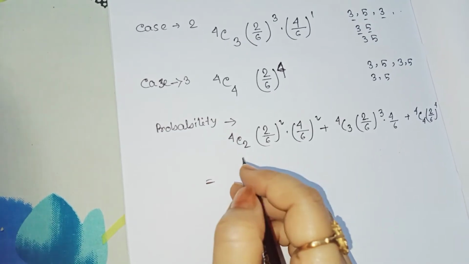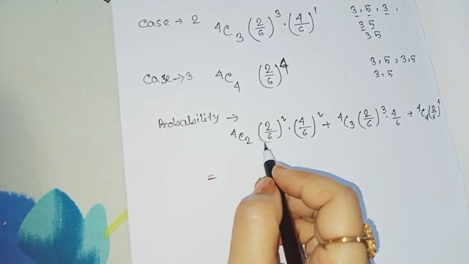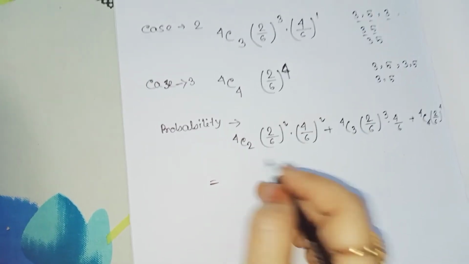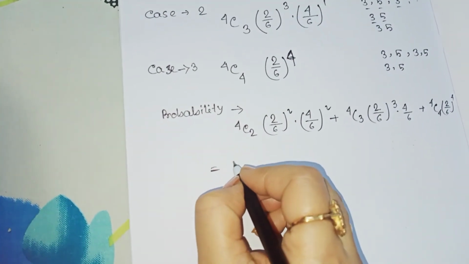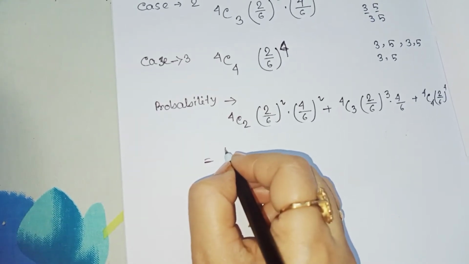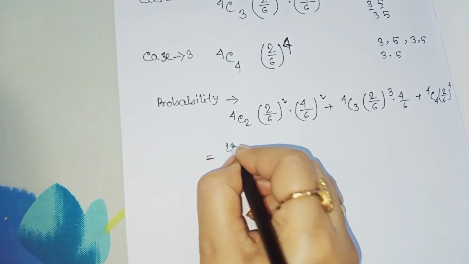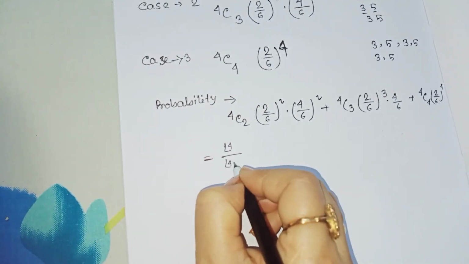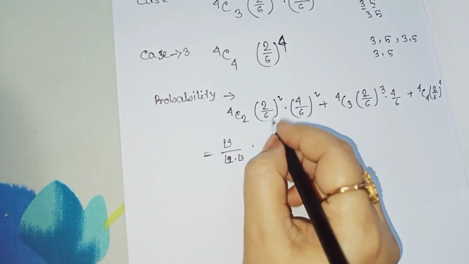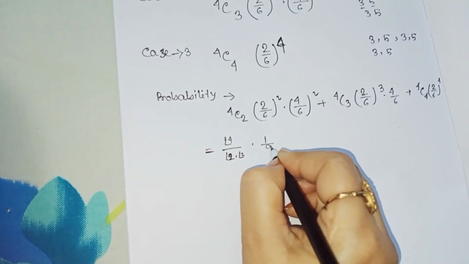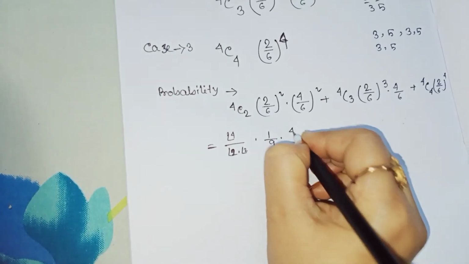So it is equal to factorial 4 divided by factorial 2 into factorial 2, times (1/3)^2, that is 1 by 9, into 2 by 3, that means 4 by 9.